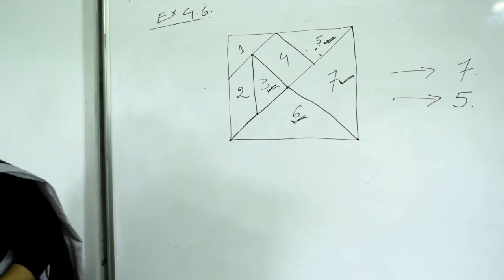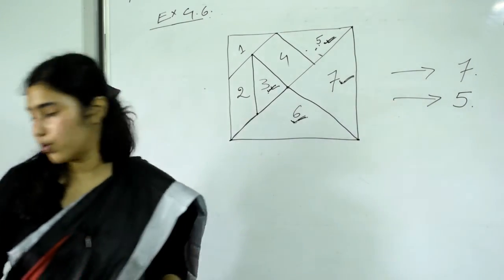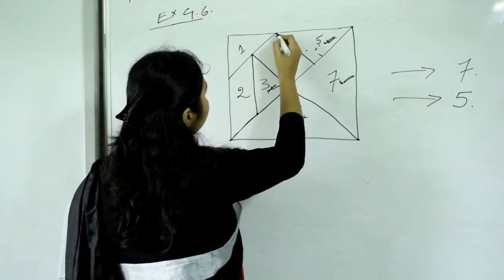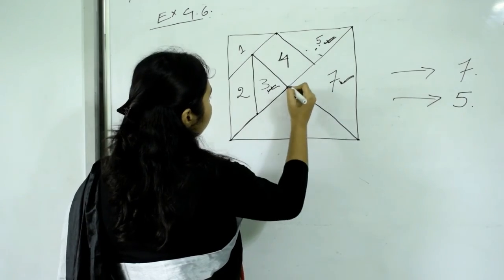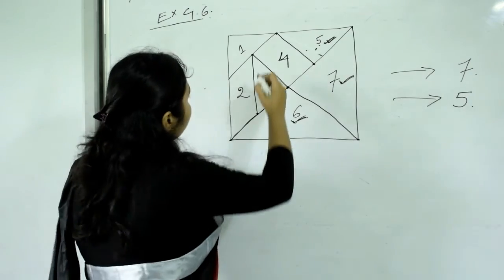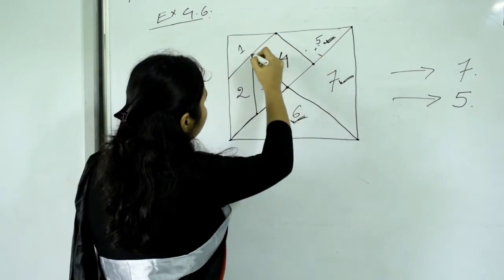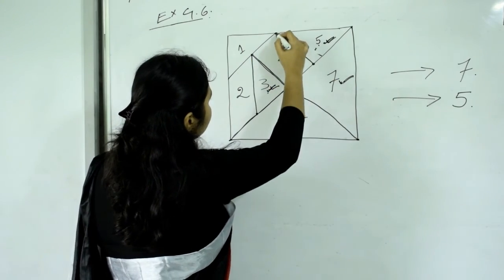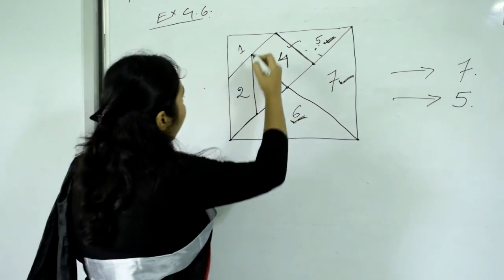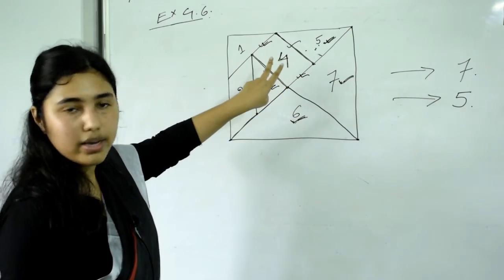And the last question: what is the shape of the piece numbered 4? So look at number 4. Number 4 has 1, 2, 3, 4 vertices with 4 sides, and the opposite sides, this side and this side, are equal, and this side and this side are equal, right?